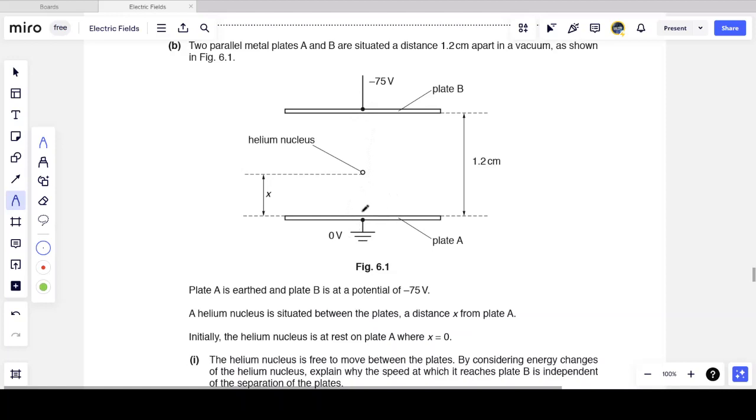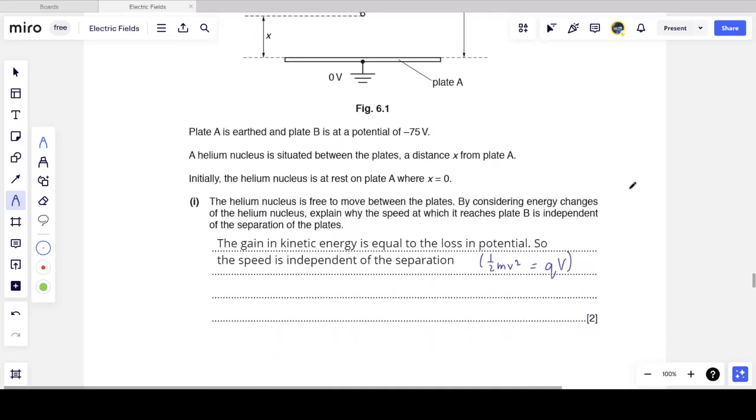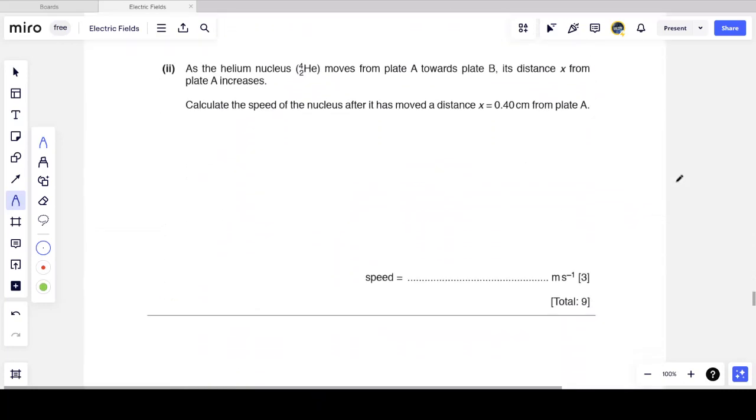And so when I am a distance x from plate A, that is not the full 1.2 centimeters, I have a magnitude of potential difference which is less than 75 volts. But how am I going to figure that out? Well, what I know is that the potential changes linearly. So if I'm going a distance of 0.4 away, over a total distance of 1.2, I'm going a third of the way across.